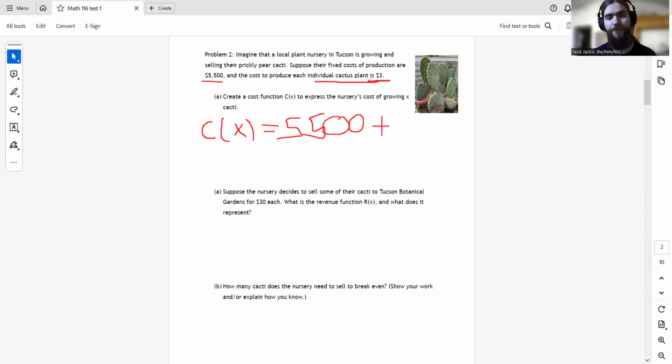And then we have $3 per plant. So we need to add that variable cost. It's $3 times the number of plants. In this case, the variable cost depends on the number of units you produce, whereas this three here specifically would be the marginal cost of producing a cactus plant.